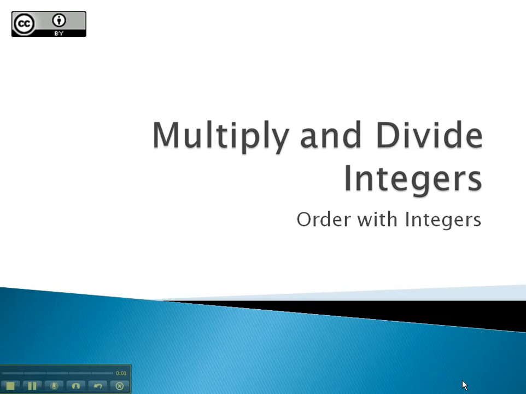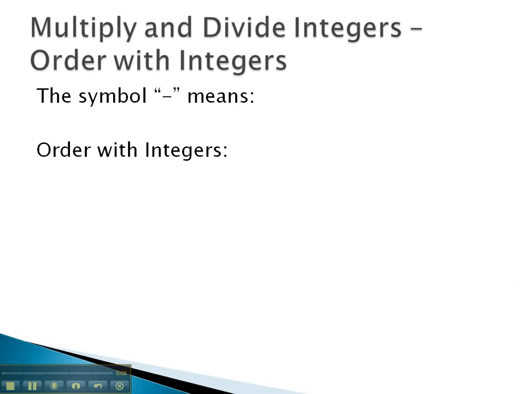Now that we've multiplied and divided and added and subtracted with integers, we're ready to look at how order of operations works with integers. The thing we want to remember with order of operations in integers is this symbol, the hyphen, means not just negative, not just subtraction, but also opposite at the same time.